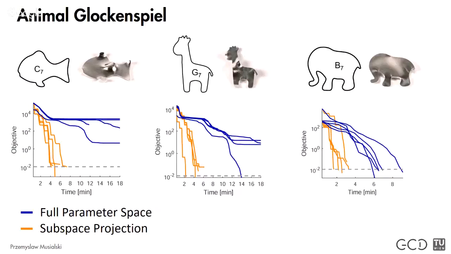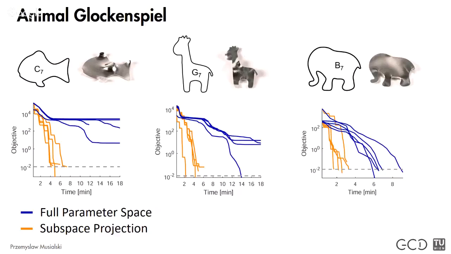The blue line is the objective value, how the objective value changes over time, so we let it run and see how it decreases, and the orange one is our algorithm. Those steps are always a switch of the local subspace. This is where a new subspace is found, and you can see in all cases in this example we converge much faster, and we converge to a much better objective value.